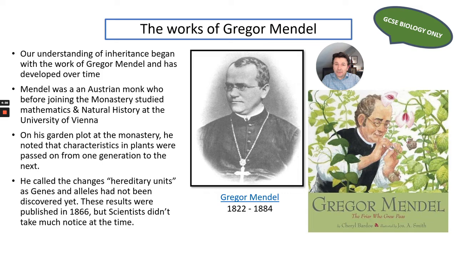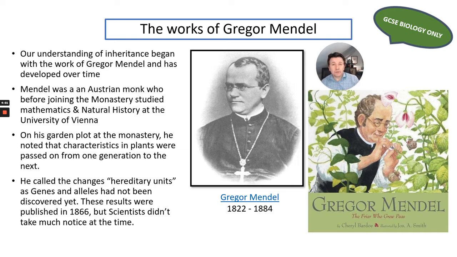He had a garden plot in the monastery, and he grew many different species of plants, including peas. He noticed that characteristics were passed on from one generation to the next, and that certain things were being inherited, and he called these hereditary units. He didn't realize at the time that these were related to genes and alleles, as that had not been discovered yet.